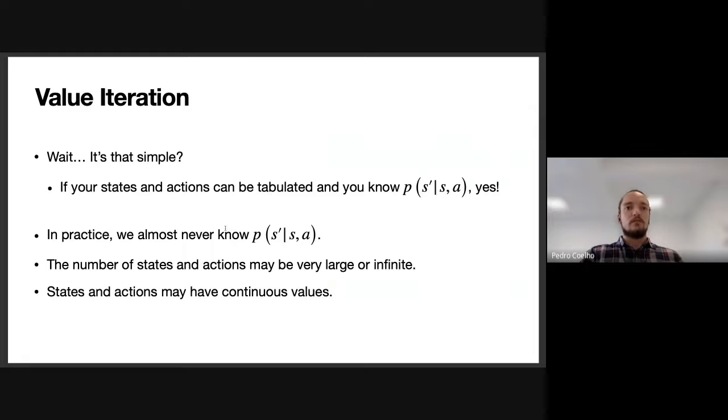But in practice, we almost never know the transition kernel. Also the number of states and actions that you have may be very large, or if you have a continuous problem, the number of states might be infinite. States and actions may have continuous values. So in this case, what would we do?